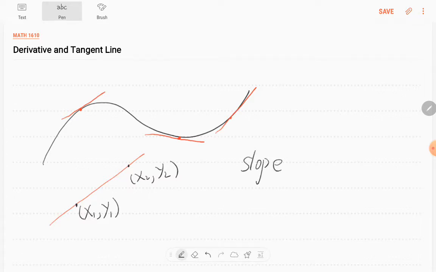What is the slope? The slope is the rise over the run, right? The rise is y2 minus y1 over x2 minus x1.